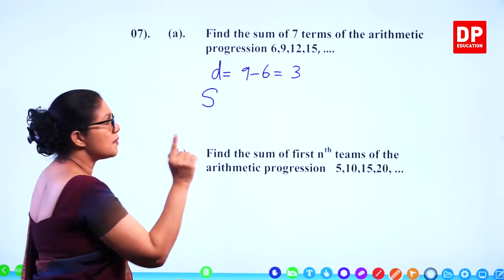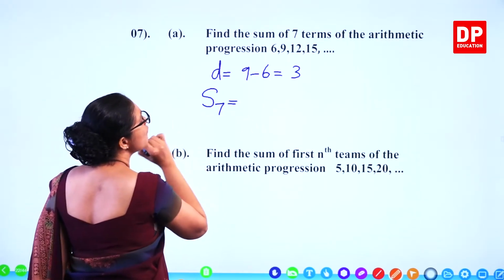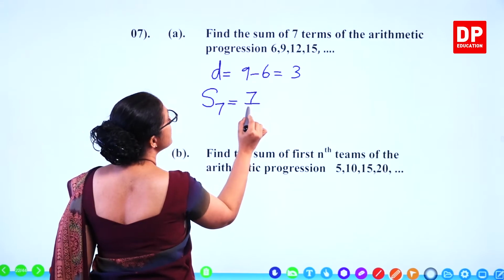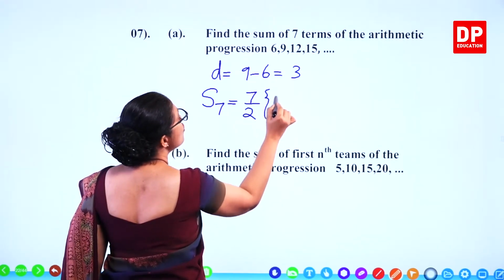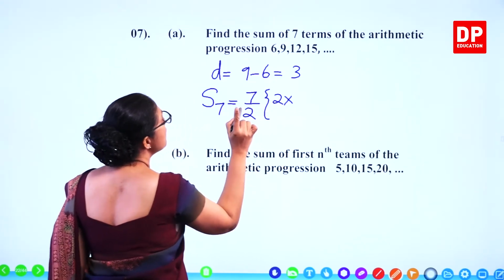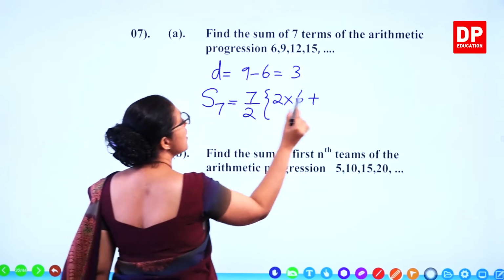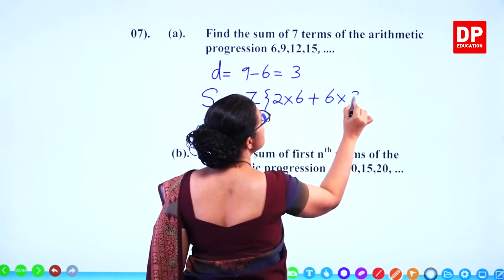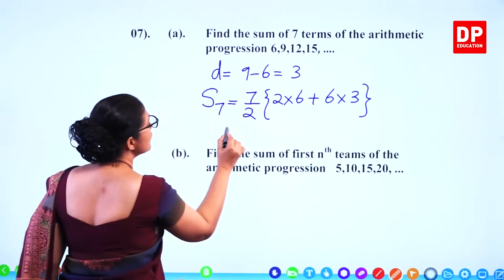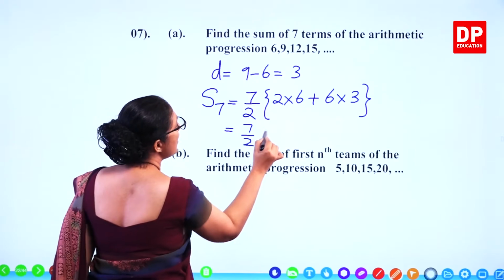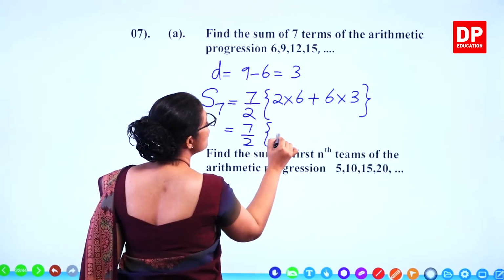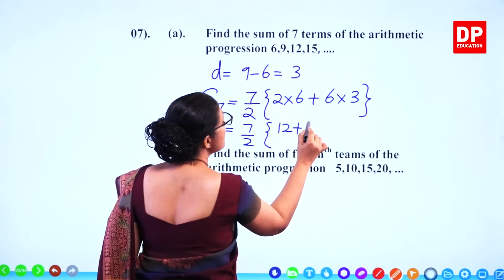Sum of 7 terms, S7. What's the formula? N over 2, that's 7 over 2. 2a. A means the first term, 6, plus n minus 1. 7 minus 1 is 6 into d. D is 3. So straight away you can find out by using the formula. 6 times 2, 12. 6 times 3, 18.